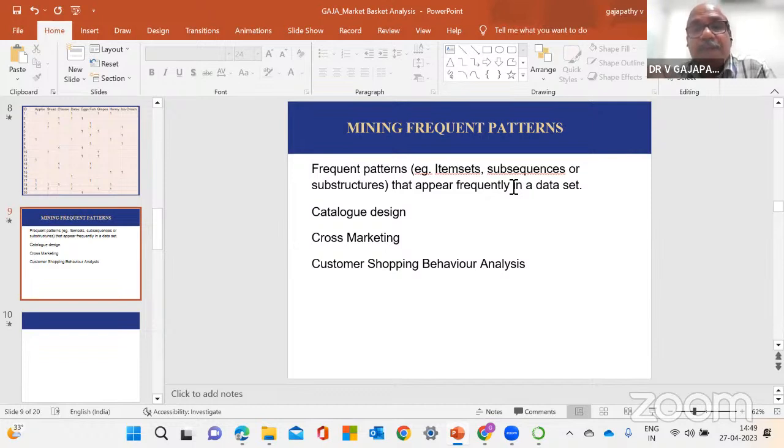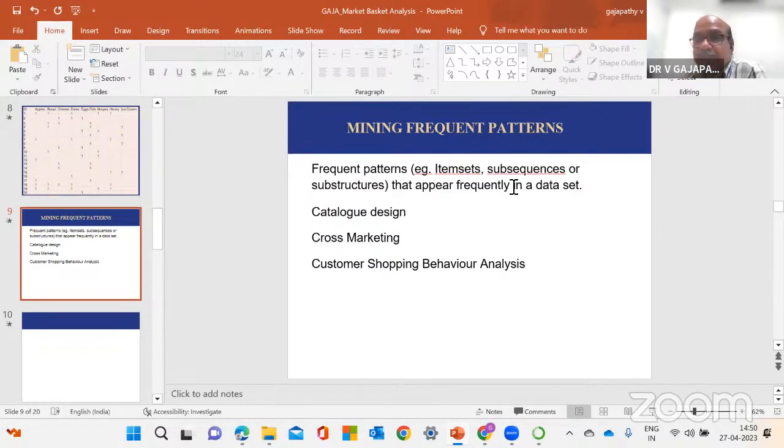Frequent patterns are a different way of looking at it. Item sets are there, and subsequences mean in what order they are buying. That is very interesting. In what order they are buying is important there. So frequent patterns, item sets, and subsequences are substructures that appear frequently in your data set.